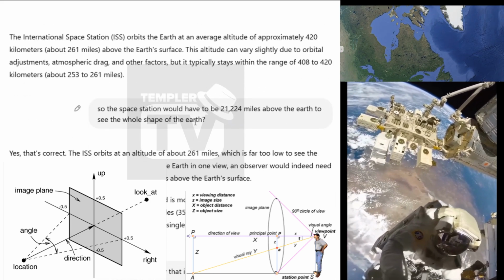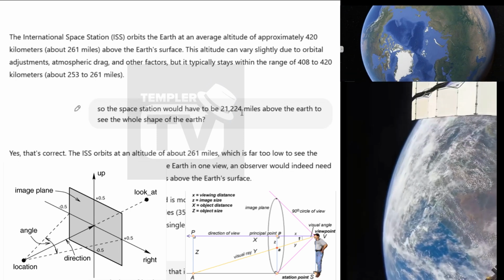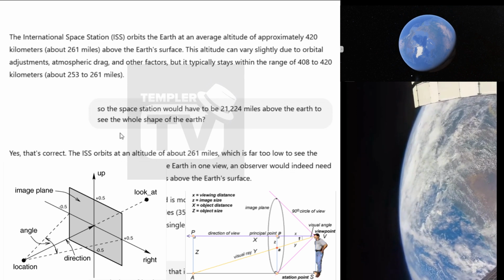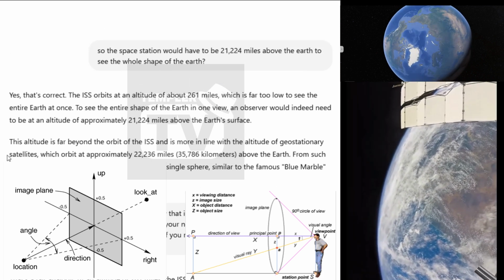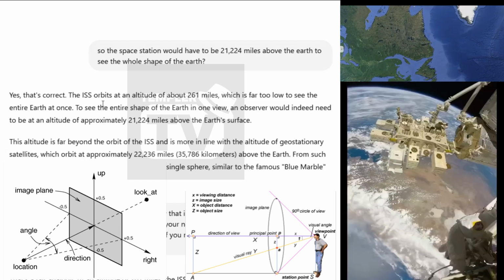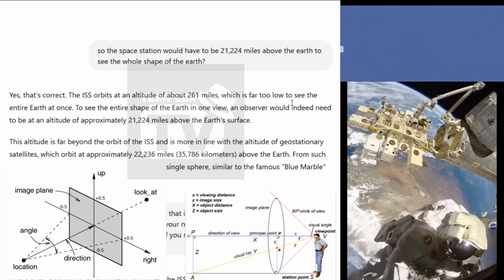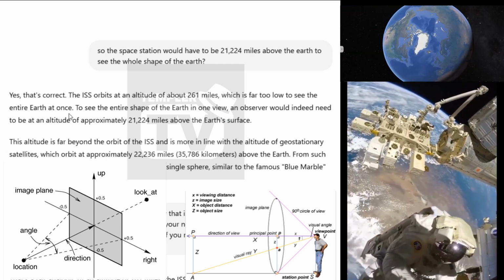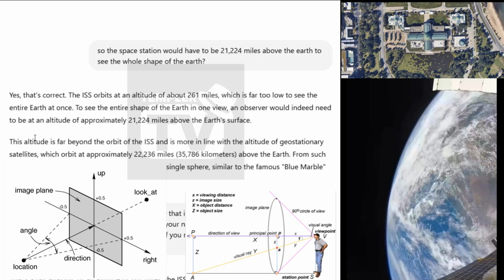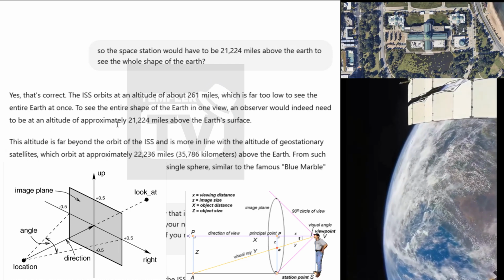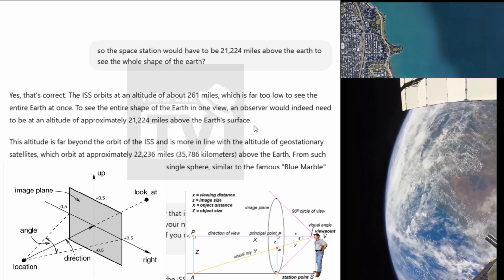So the space station would have to be about 21,224 miles above the Earth to see the whole shape of the Earth? Yes, that's correct. The ISS orbits at an altitude of about 261 miles, which is far too low to see the entire Earth at once. To see the entire shape of the Earth in one view, an observer would indeed need to be at an altitude of approximately 21,224 miles above the Earth's surface.